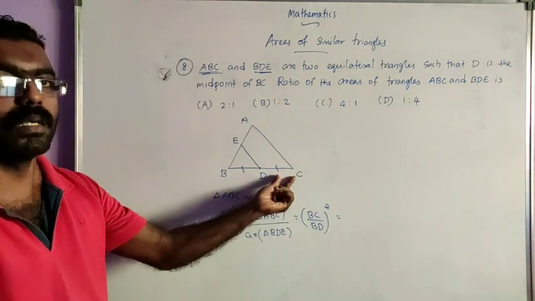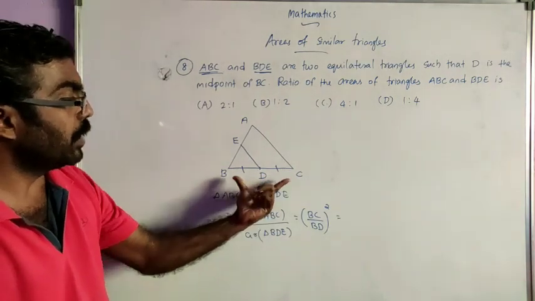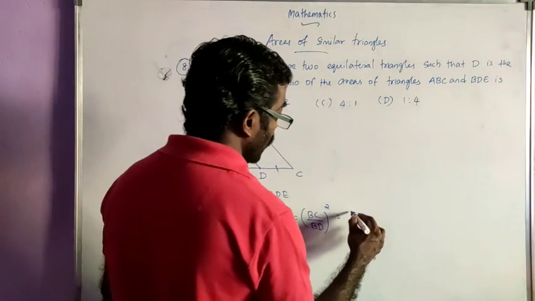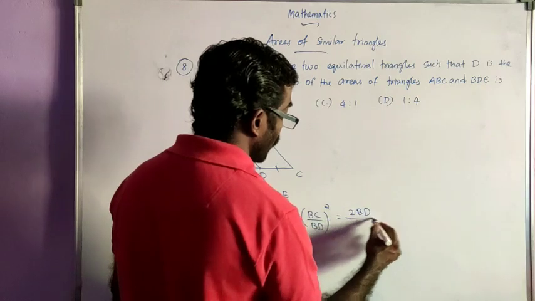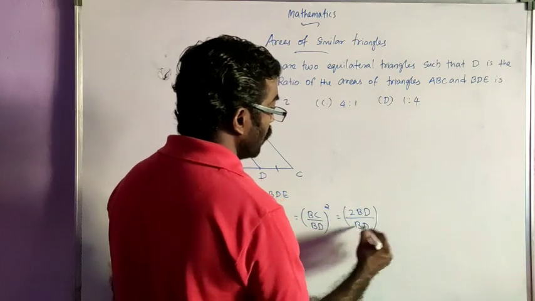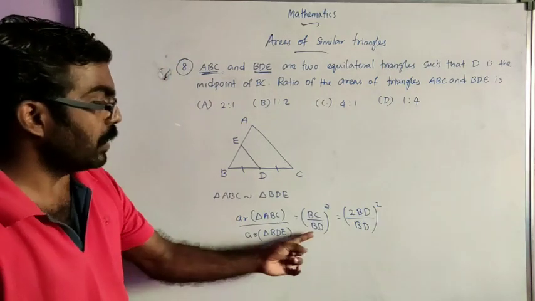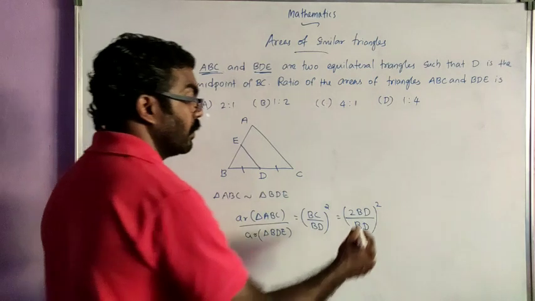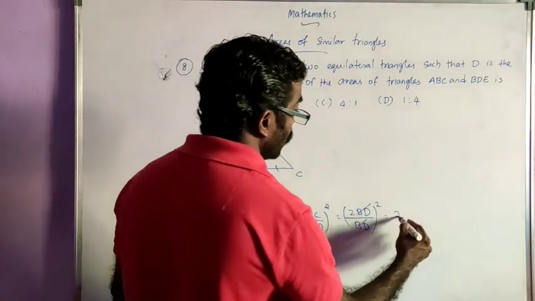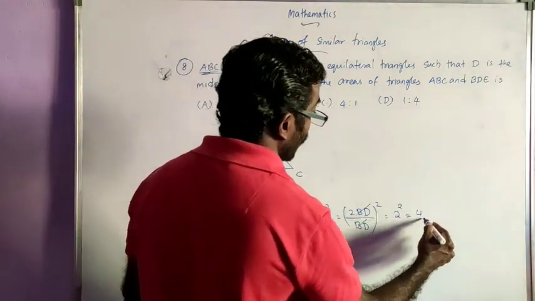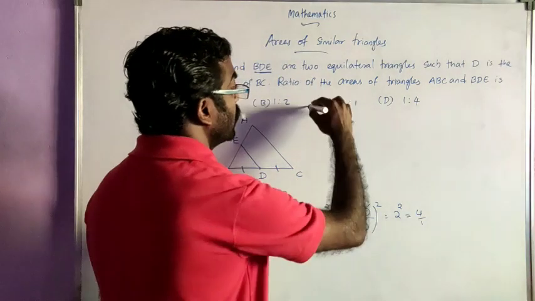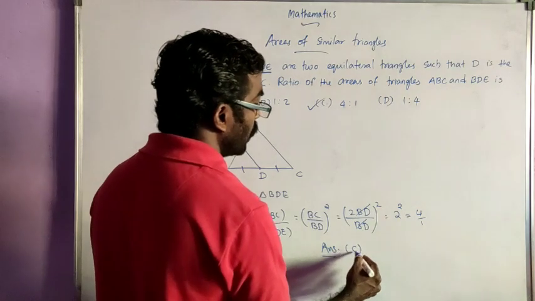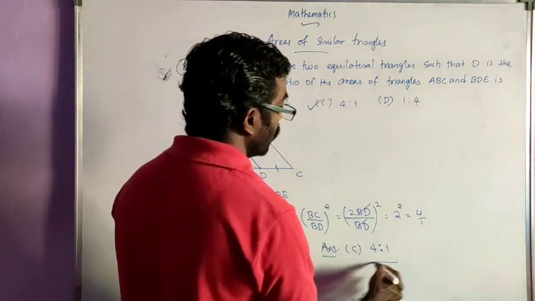So BC can be written as 2BD divided by BD, the whole square. Here we can cancel BD and BD. 2 square is 4, or we can write 4 by 1. So the answer will be 4 is to 1. Option C, 4 is to 1.